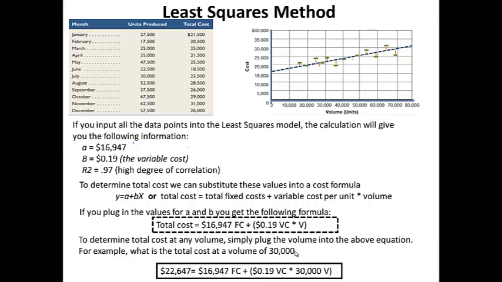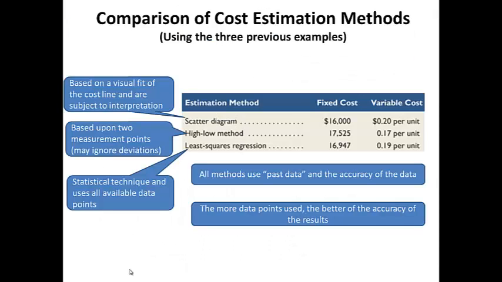Well, the answer would be the $16,947 in fixed cost plus my 19-cent variable cost times my 30,000 volume. That means at a volume of 30,000, my total departmental costs are going to be $22,647.